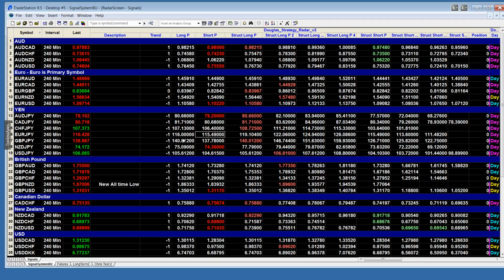Not much in the euro yen. The pound yen was very good. If you remember last week, it went above the 140.12, and then it failed and came back below the 140. So that was a pretty decent short. I will show you that so that you can see those trades.